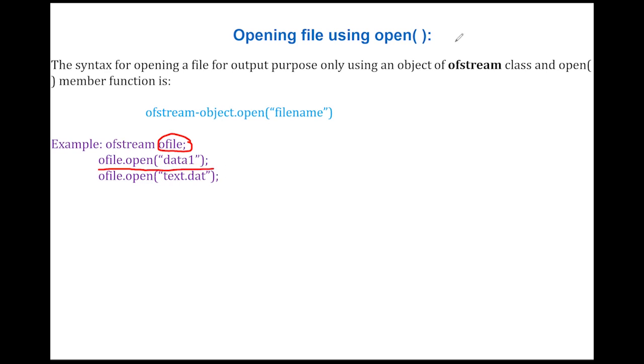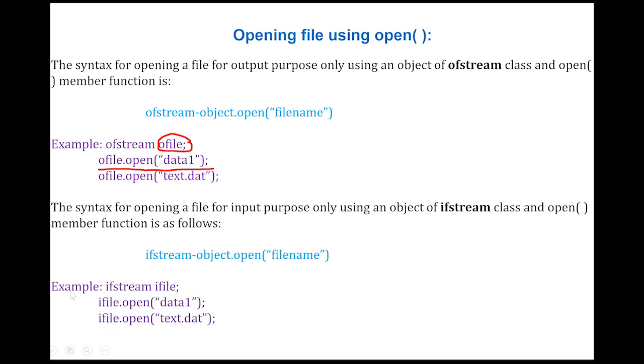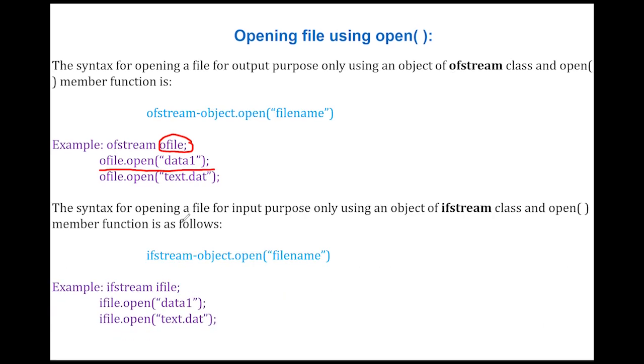Now let us see how to open a file for input. This is similar to ofstream. Here I'm going to create an object of the ifstream class. Okay, this is the object. Then using that object, again with the dot operator, I'm going to call the member function open, and I'm going to pass the file which I want to use for input purpose only as a parameter.